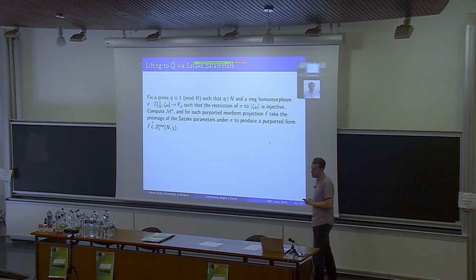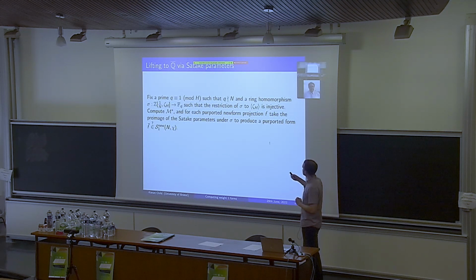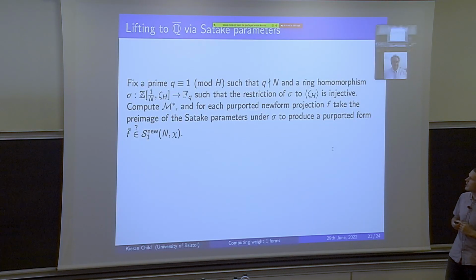We fix the ring homomorphism such that the restriction to Z[ζ_H] is injective. You can probably see where this is going. In a second, we're going to have our forms over FQ, and we can work out the Satake parameters over FQ, and then because this is injective, we can work out what they would have been over Q before the projection. So we take the pre-image of the Satake parameters under our homomorphism, and this gives us Satake parameters over Q.